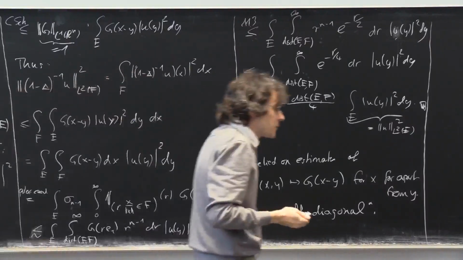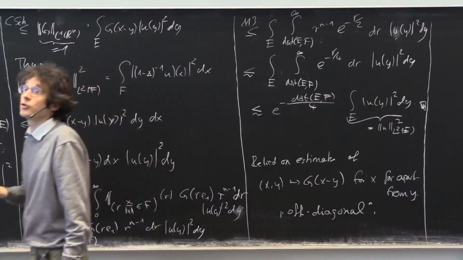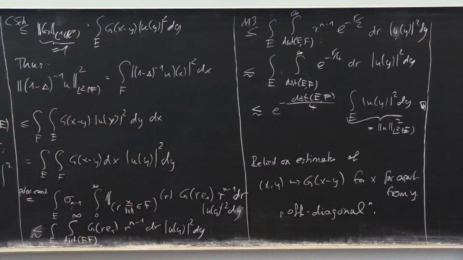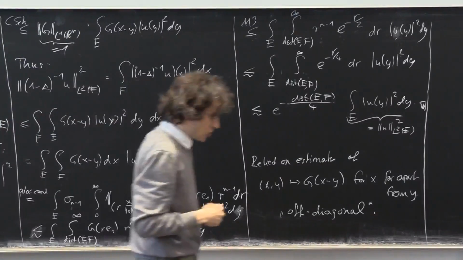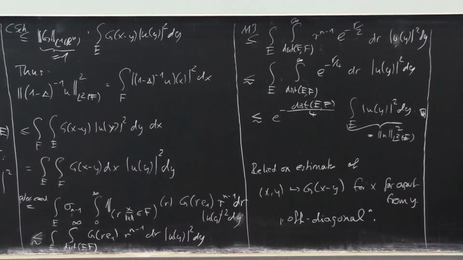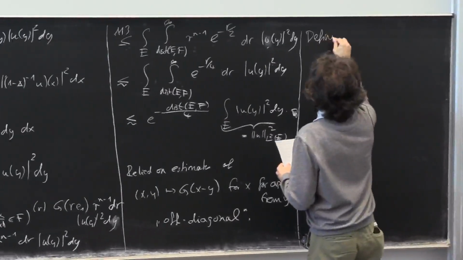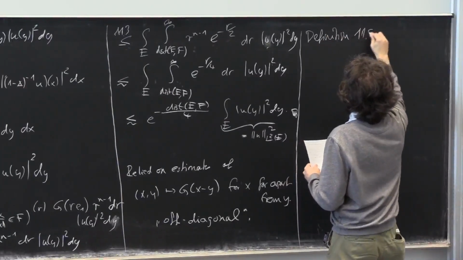And the obvious question now is, can we have the same thing for more general operators, in particular for our class of elliptic divergence form operators? And this remains to be checked, so the natural reflex is to put this into a definition. So this is definition 11.5.